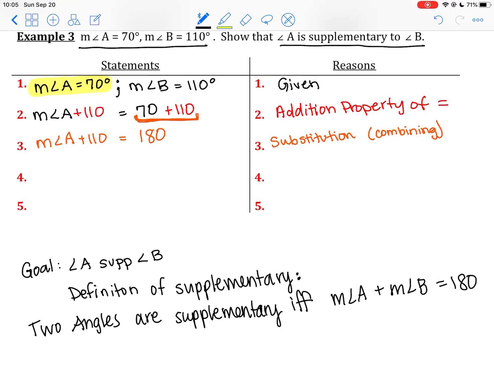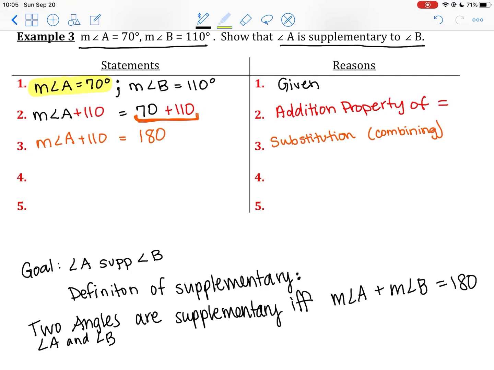So two angles are supplementary if and only if their sum is 180 degrees. So the two angles here, angle A and angle B, are supplementary if and only if the measures of the two angles add up to 180 degrees. So this is the next statement that I need to get.